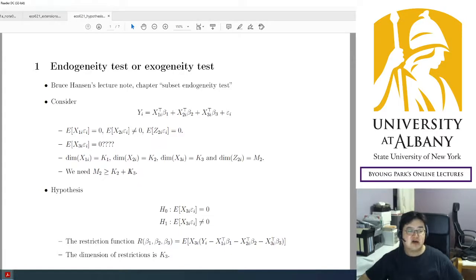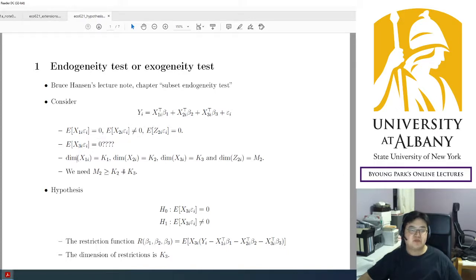And as a requirement, we have to have enough dimension in the instruments. Even if x3 is endogenous, we should be able to identify the beta. So the dimension of z2 must be greater than or at least equal to the dimension of x2 plus x3.